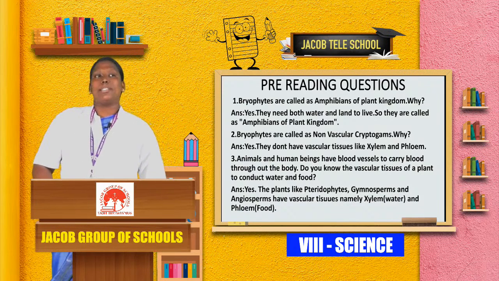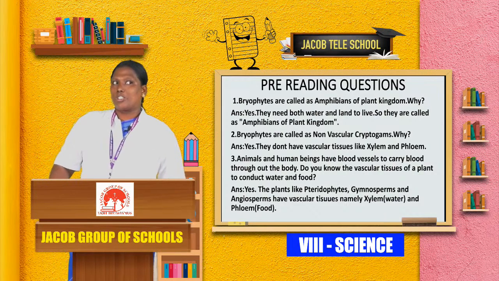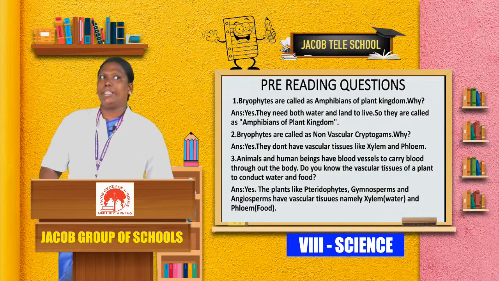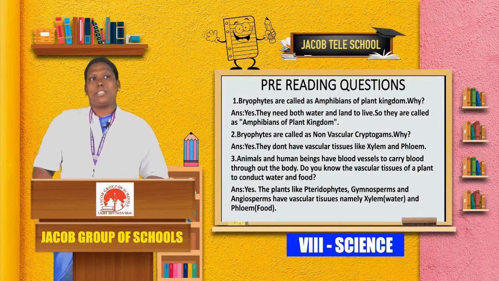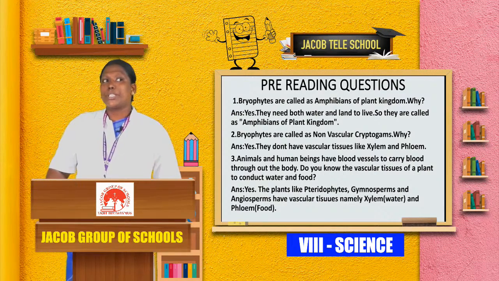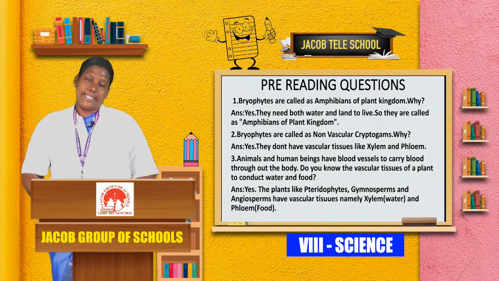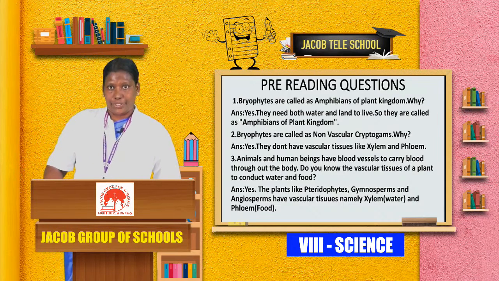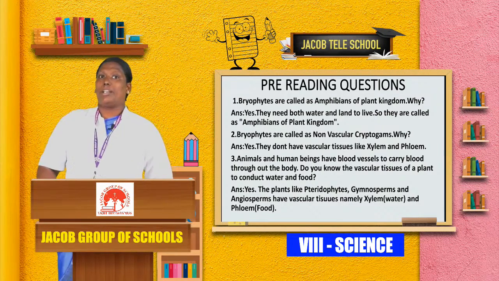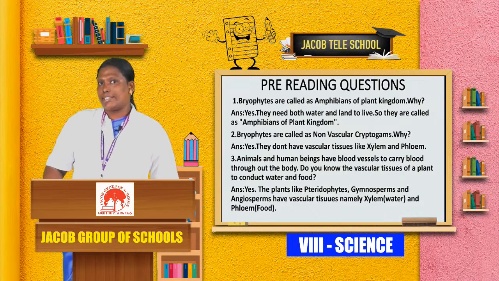Next, animals and human beings have blood vessels to carry the vascular tissue called blood throughout the body to all organs of the body. But do you know the vascular tissues of the plant, they can conduct water and food? Yes, similar to the animals, how blood is conducting the nutrients and food and water and oxygen, in plants also xylem is conducting the water and phloem is conducting the food.